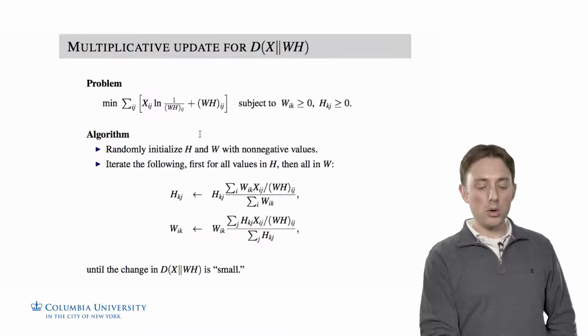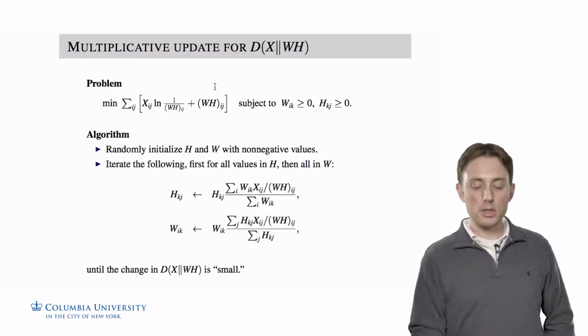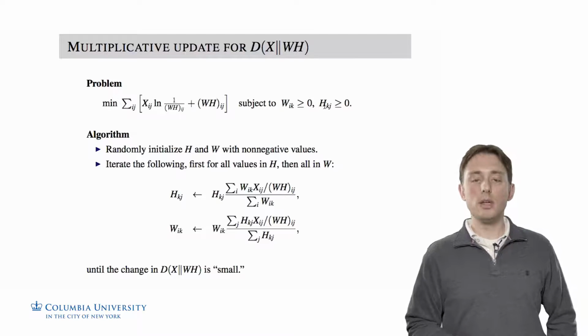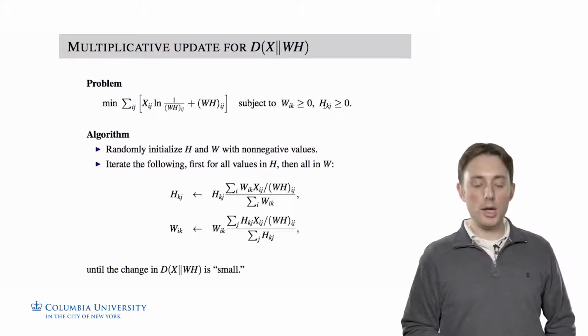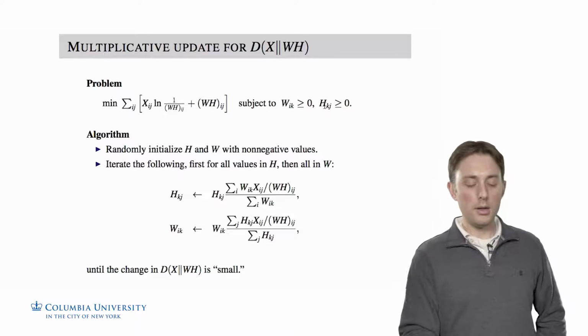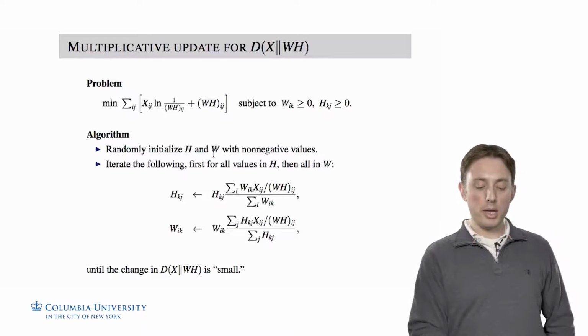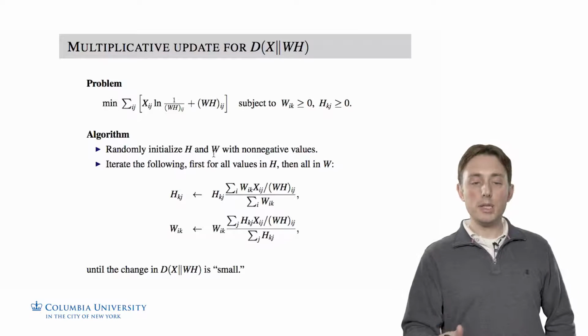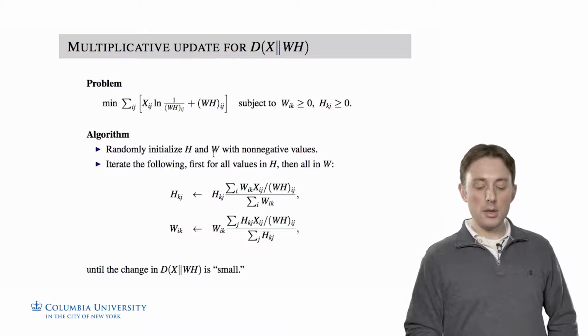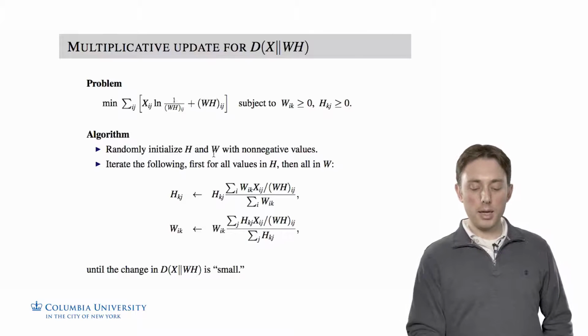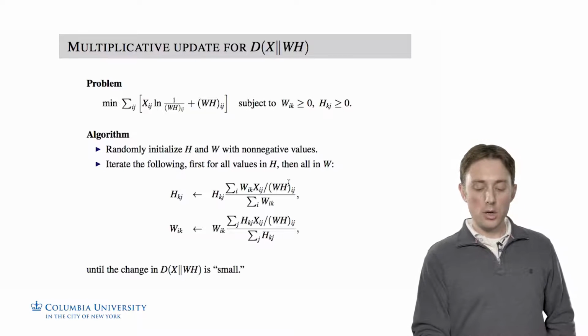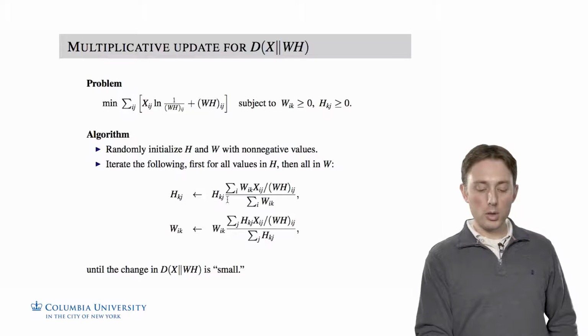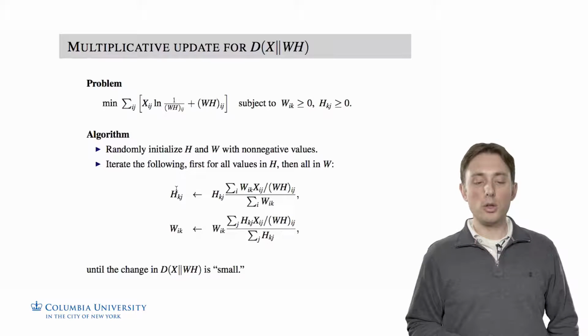So again, our goal is to minimize an objective, in this case it looks like this, subject to the non-negativity constraints on the values of W and H. The algorithm, again, randomly initializes H and W with non-negative values, and then iterates with the following updates. These look a little bit more complicated, but again, they can be done in a couple of lines of code, where we take the old value in h, we calculate its gain, and then multiply the two together to get the new value of h.